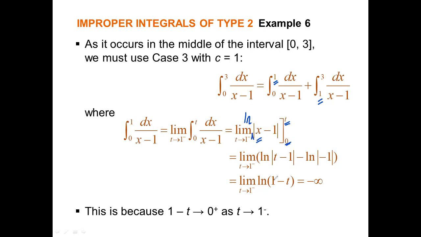Now, the limit of ln of 1 minus t is equal to negative infinity. Now, why interchange this one? What happened here? You have an ln of t minus 1 minus an ln of negative 1. Why is it now the limit of the ln of 1 minus t?